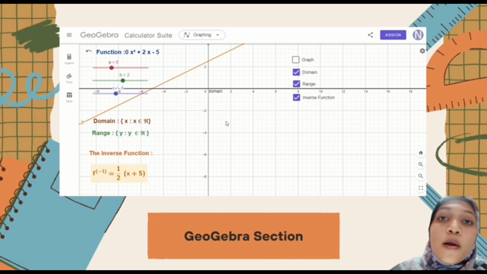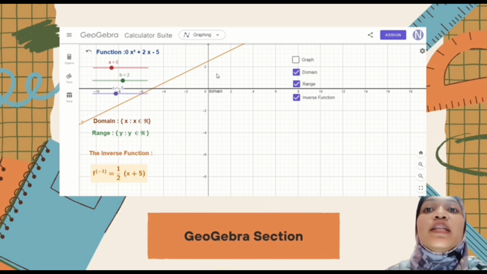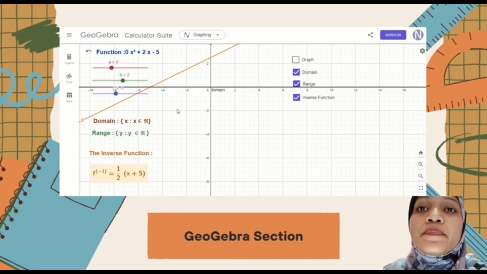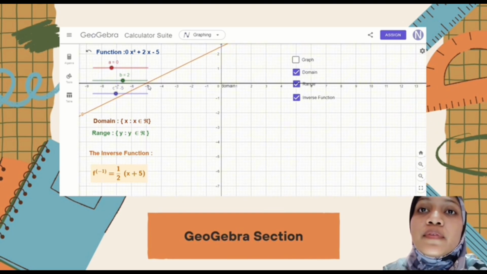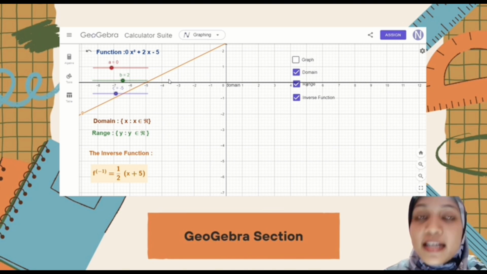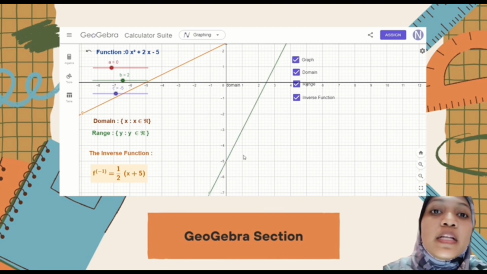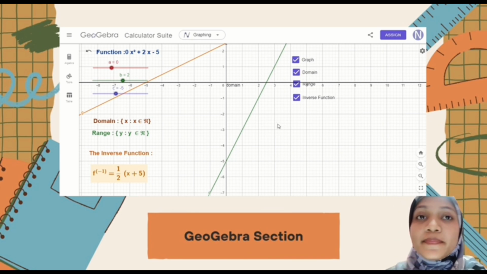For the graph, we can see that the graph of f crosses -5 at the y-axis, and the graph of the inverse crosses 5 at the x-axis. So that is for the first question.